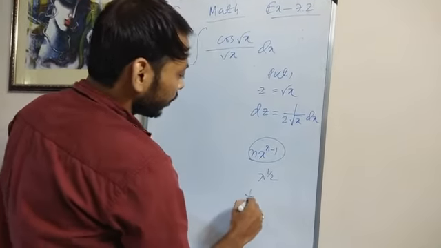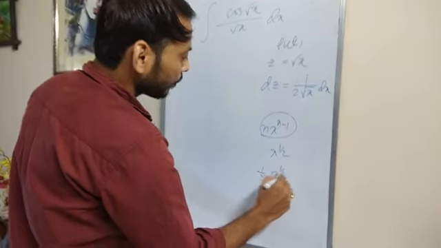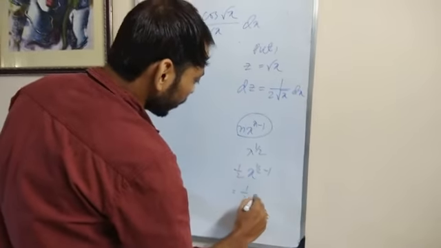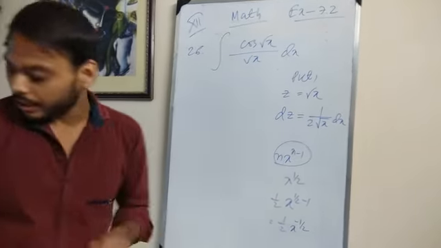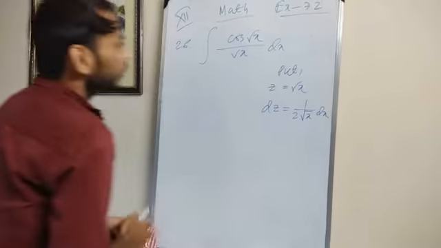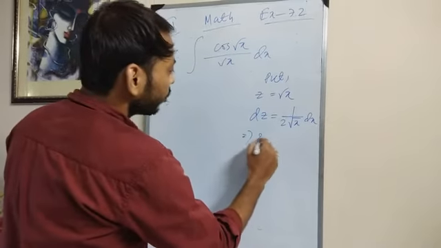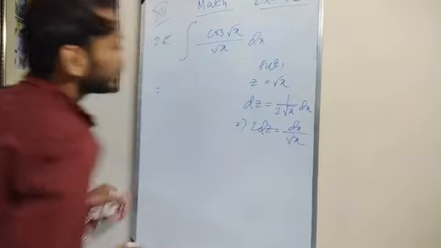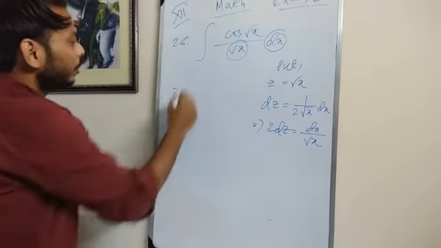So after the differentiation, it will be half x to the power half minus 1, that is half x to the power minus half, that is 1 by 2 root x dx. Okay, so we may write here 2 dz equals dx by root x. Okay, so dx by root x will be replaced by 2 dz.